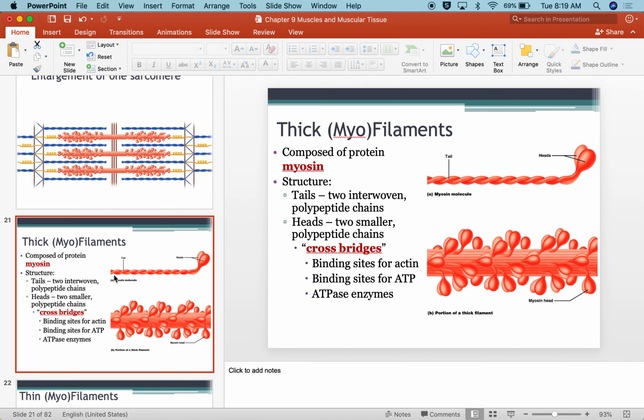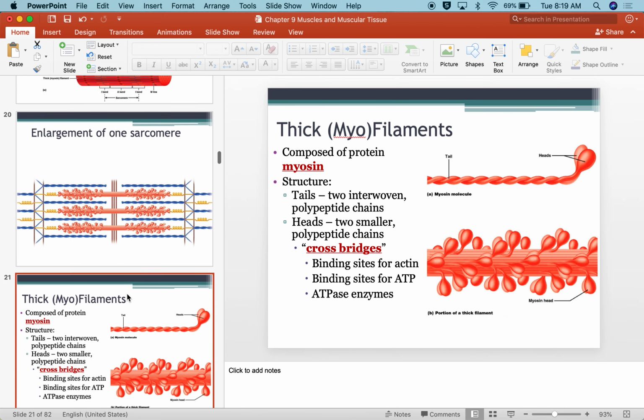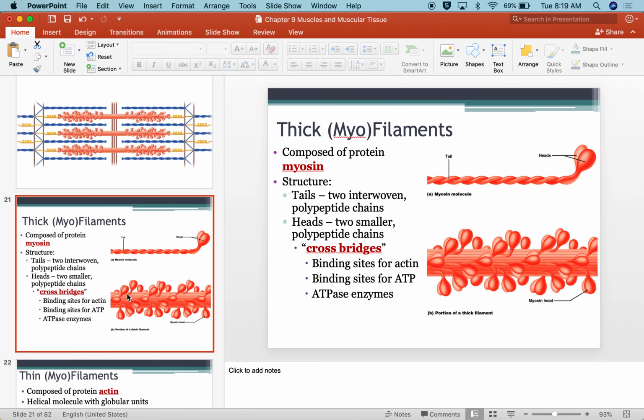All right, so remember that thick myosin, the myofilaments, that's what makes up this A band. So what we have here is two interwoven tails that are made out of peptide chains, and then there are heads, and these are also peptide chains. And when we get this clumping of the myosin, it ends up looking like a thick filament, which are several myosin proteins together.